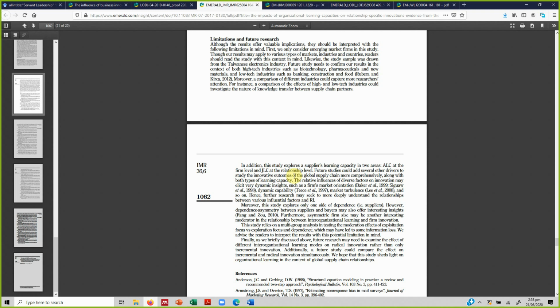So there could be other factors that could influence innovative outcomes of the global supply chain more comprehensively, along with both types of learning capacity. The relative influences of diverse factors on innovation may elicit very dynamic insights. So what are they recommending? They are recommending that you can take market orientation as a variable that could be influenced by organizational learning.